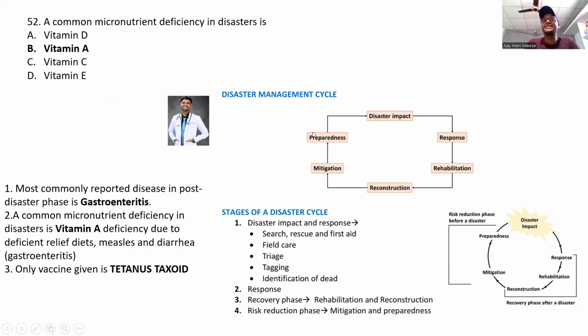You have to remember the disaster cycle. First disaster impact, then response, rehabilitation, reconstruction (the RRR), then mitigation, then preparedness. You have to remember the cycle and what they are going to do in every phase.